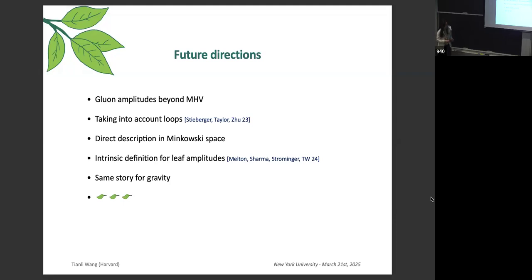So in this paper with the same collaborators, we constructed a state which has the right symmetries. It breaks translation invariance while still preserving Lorentz invariance. So that has the right symmetries for producing leaf amplitudes and serves as a candidate for such a leaf vacuum.